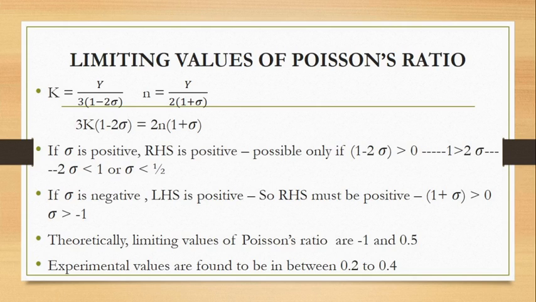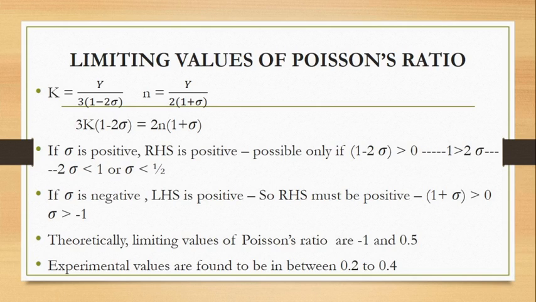We had the first equation, K is equal to Y by 3 into 1 minus 2 sigma, and N is equal to Y divided by 2 into 1 plus sigma. From these two equations you can write the equation for Y and equate them, so that 3K into 1 minus 2 sigma is equal to 2N into 1 plus sigma.